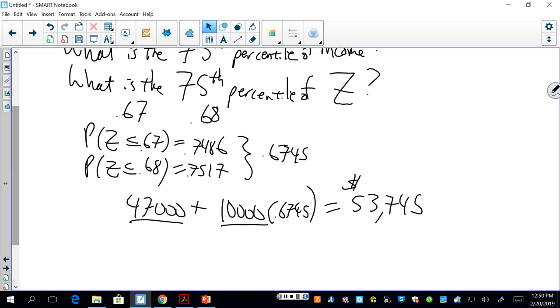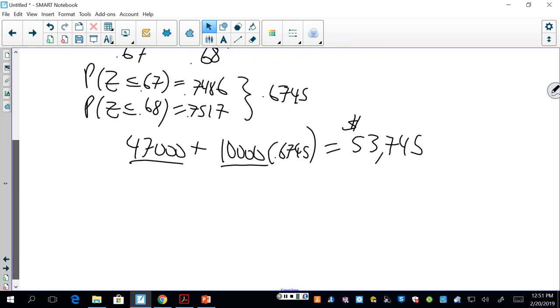Why isn't it just plus one standard deviation away from the mean to get to the first, second, third, fourth quartile? Going a whole standard deviation, under the normal, actually includes a little bit more. If we go up to 1, this would be a higher probability.